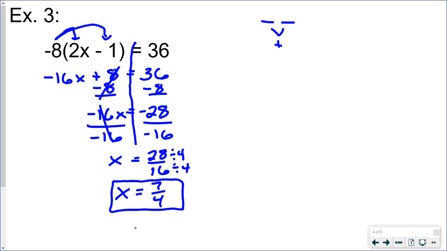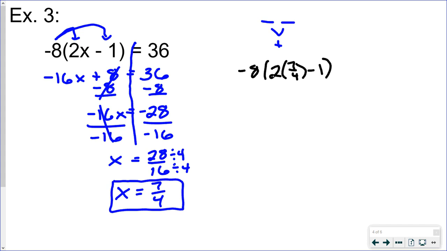Again, I could check this. This one's not quite as much fun to check. But we're going to see, is this, when I substitute in 7/4, equal to 36? So I have 7/4. Rewrite this, it's 2 times x. So 2 times 7/4 minus 1.